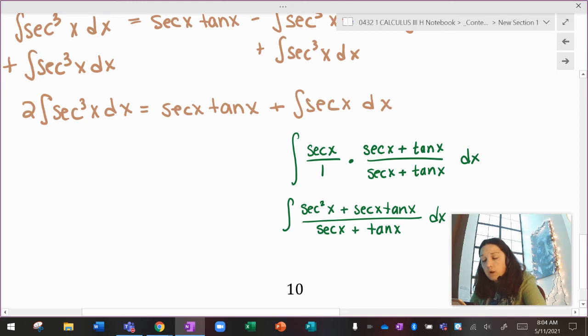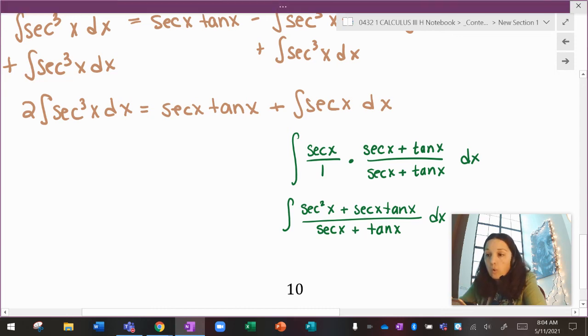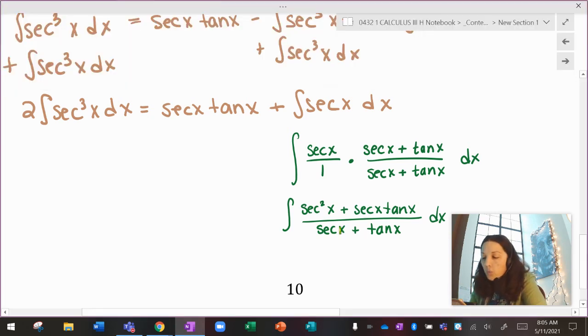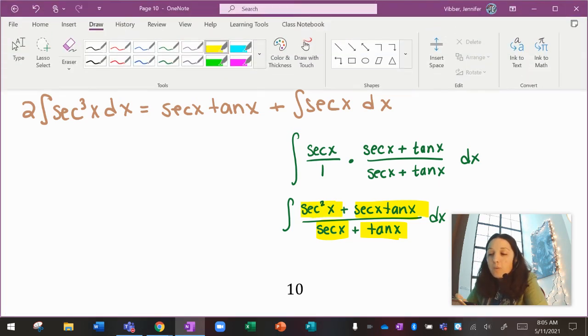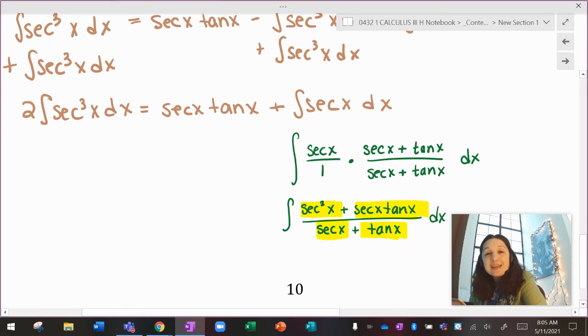Okay, well, I know the antiderivative of the top. Oh. What's the derivative of secant? Secant tangent. What's the derivative of tangent? Secant squared. What we really have here is a u-substitution.